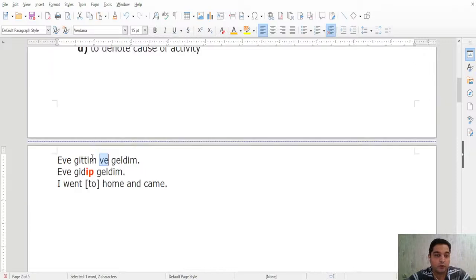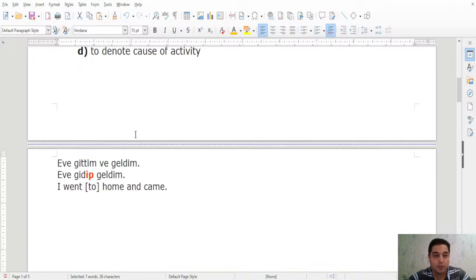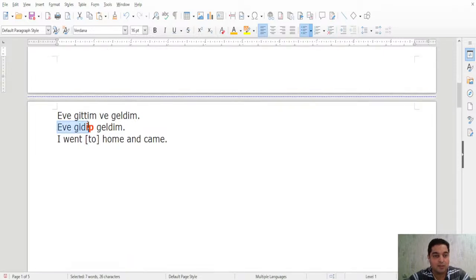As we mentioned above, right? This rule, it is added to the root of the verbs. So here, gitmek is the verb to go. So gid, of course, there is some kind of modification of consonant here, but don't worry about that. So eve gidip geldim, right? We added this ip to the root of the verb gitmek. So eve gidip geldim means I went home and came, okay?